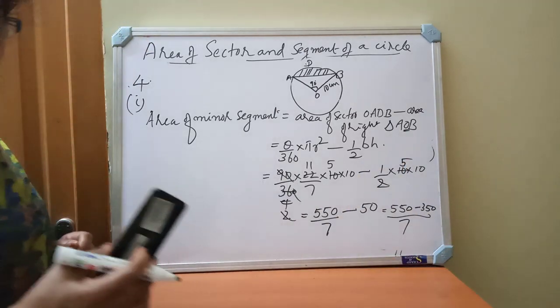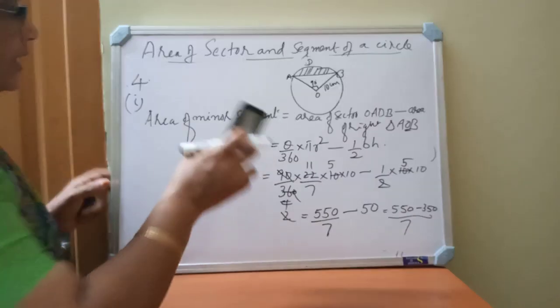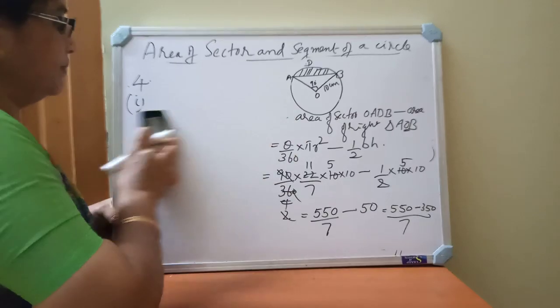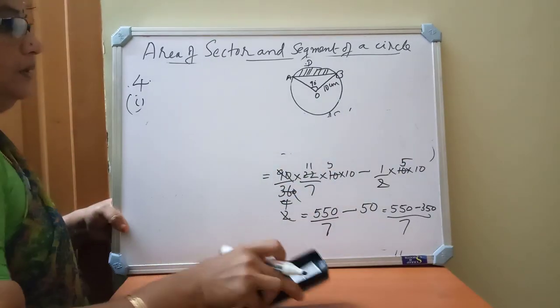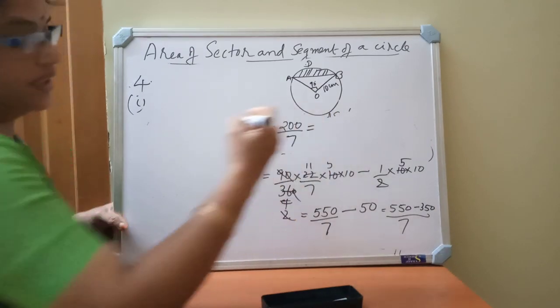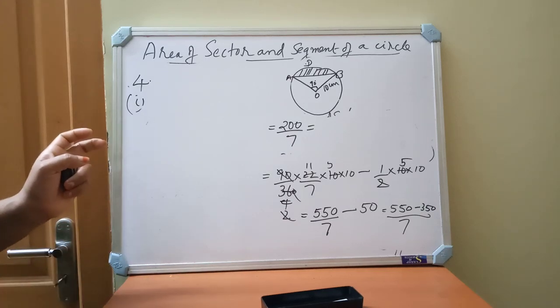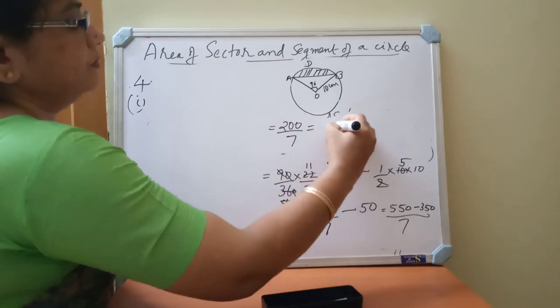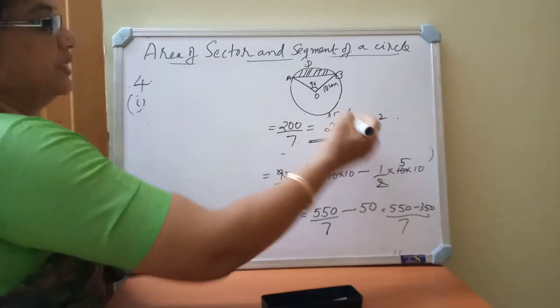That is 200 divided by 7. That is equal to 28.57. What will come? 28.57 centimeter square.